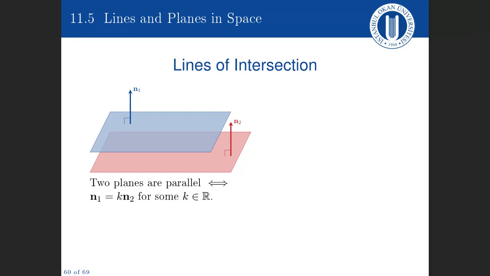Lines of intersection. There's two possibilities if we have two planes. Either the planes are parallel, that's the same as saying that n1 is equal to k multiplied by n2 for some non-zero real number k.